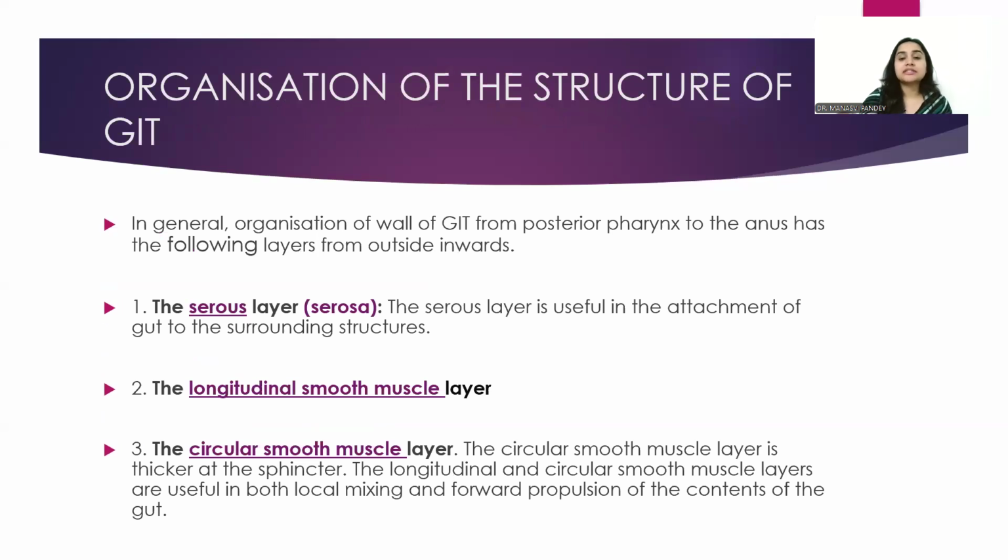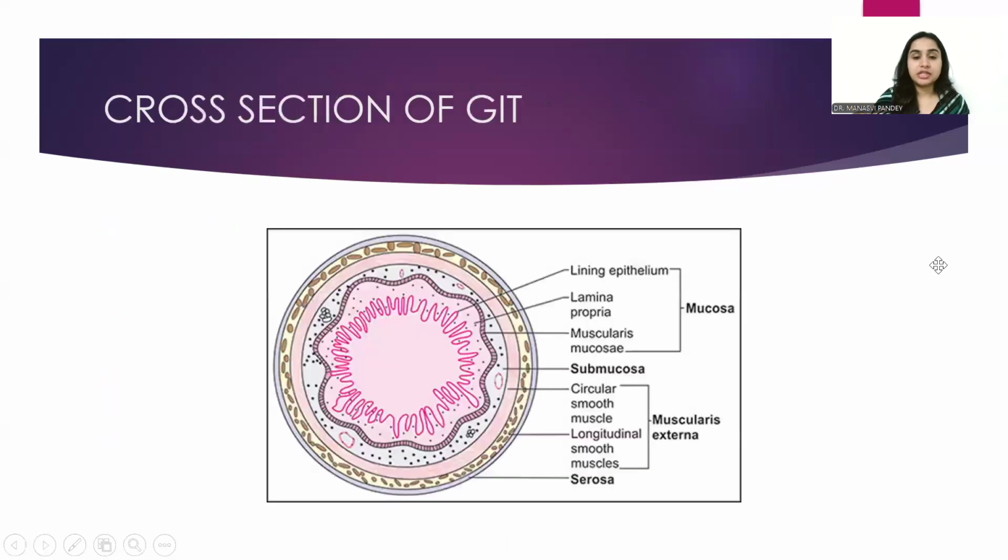Now, what is the organization of the structure of the GIT? So, the various layers of the wall of the GIT. Here we can see in this diagram, starting from the outermost layer, we have the serosa. Then we have the layer called muscularis externa, which comprises longitudinal smooth muscles and circular smooth muscles.